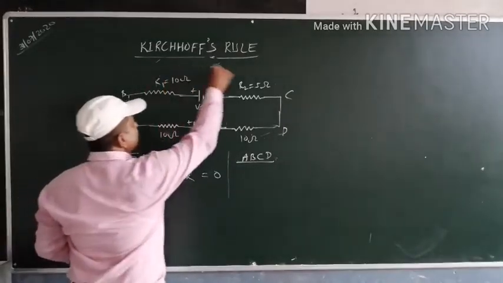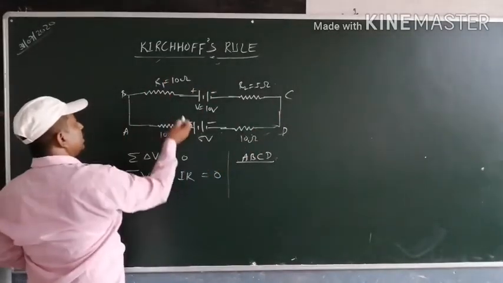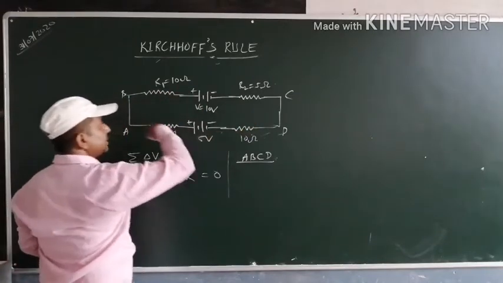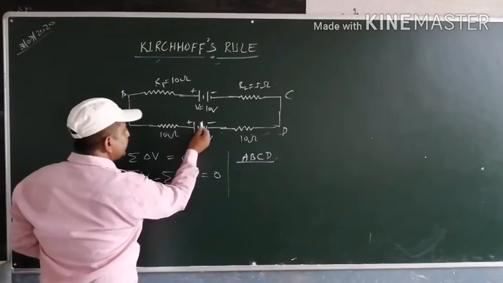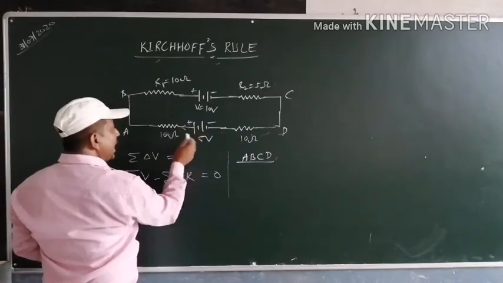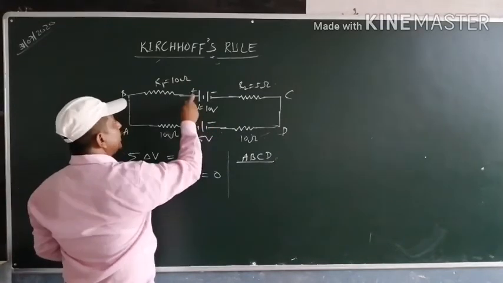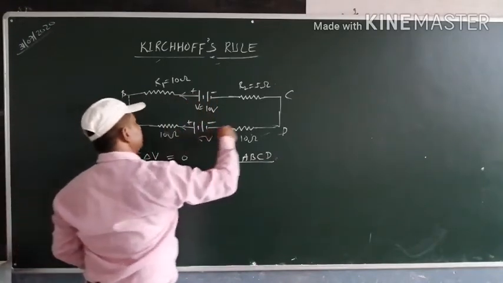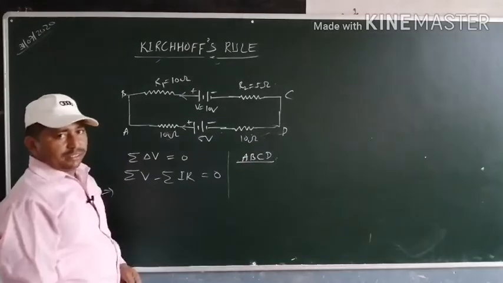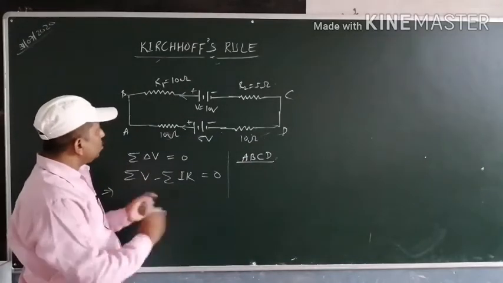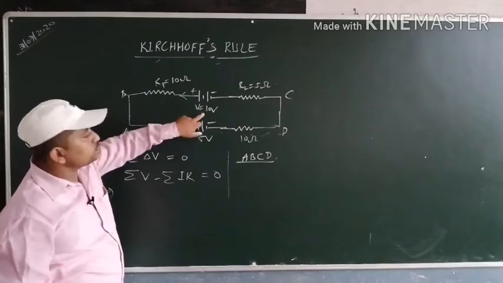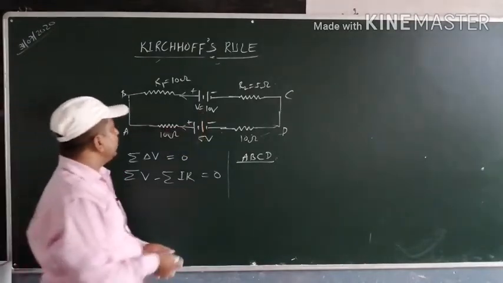So in this case, if we take A, B, C, D as the direction of loop, then this potential acts as a positive source and this one provides a current in this direction that opposes the loop. So this can be taken as positive and this one is taken as negative.